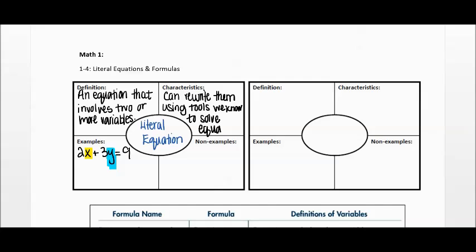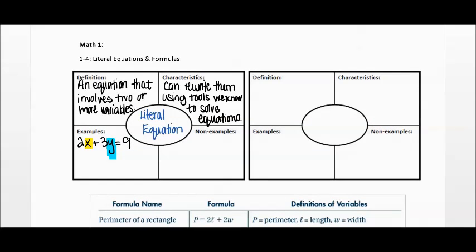That's usually what we're going to need to do. We're going to use tools like distribution, combining like terms, moving things from one side to the other, and undoing operations. We can rewrite them using those tools.